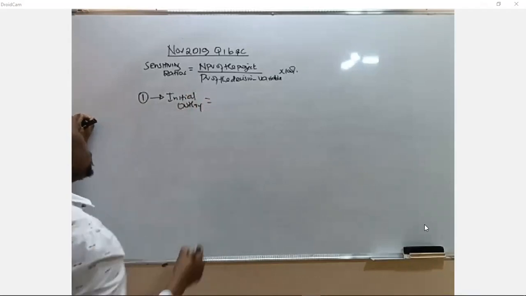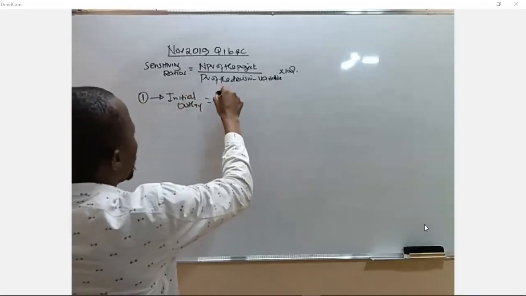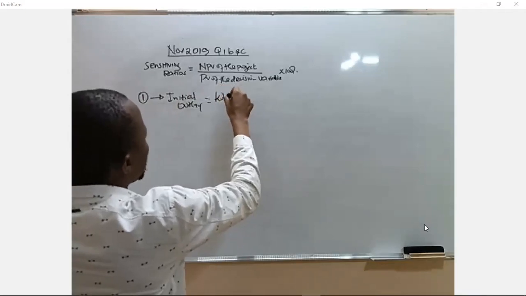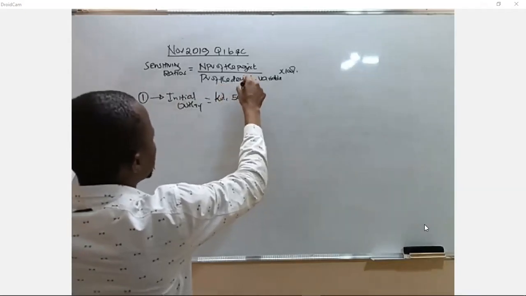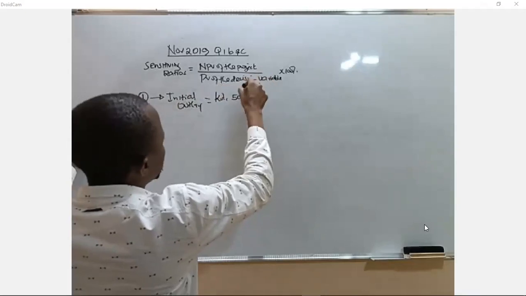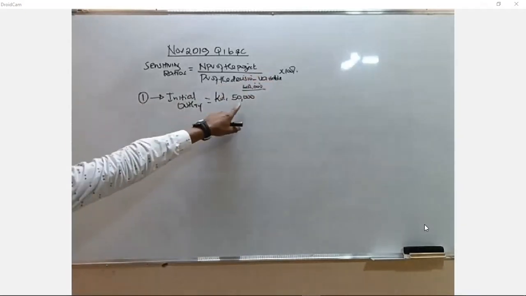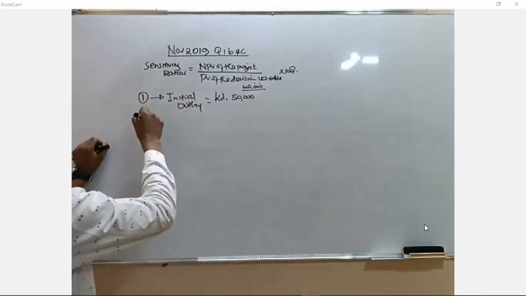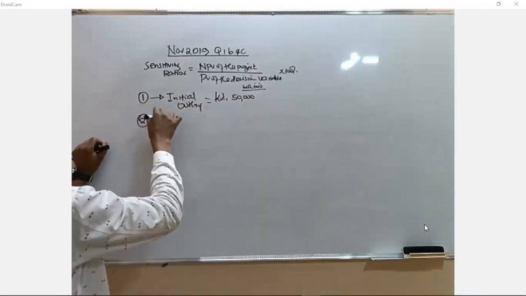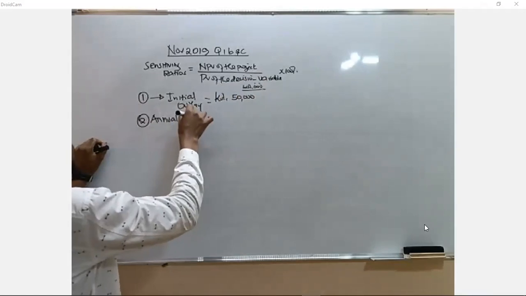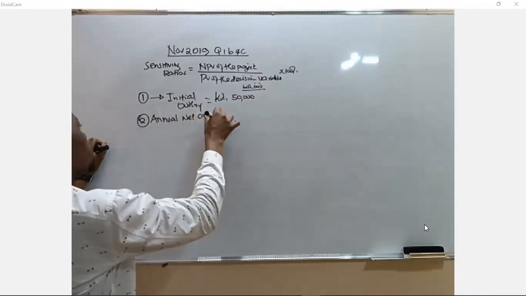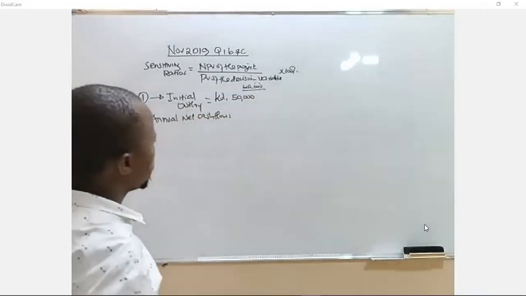In this case, we don't have much. The initial outlay, we are being given as 50,000. Let us limit it to thousands, sorry, from shillings to thousands. So our initial outlay is 50,000, right? Number two, we say, calculate your annual net cash flows.